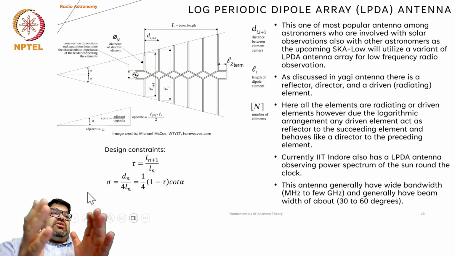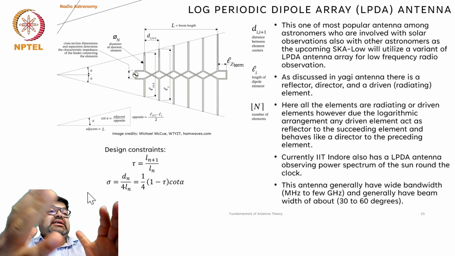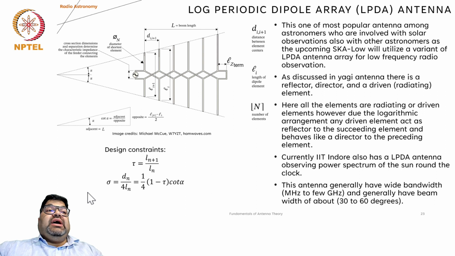You remember when we talked about the bandwidth of the antenna? There is really a need in radio astronomy to build antennas which are available over large bandwidths. In this case, the log periodic dipole antenna comes into the picture very handy. We have a few in our IIT.